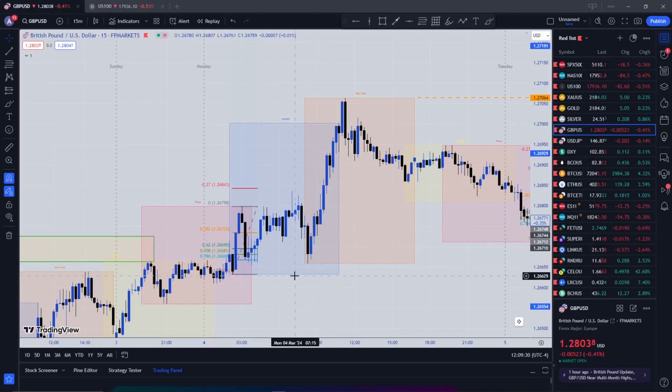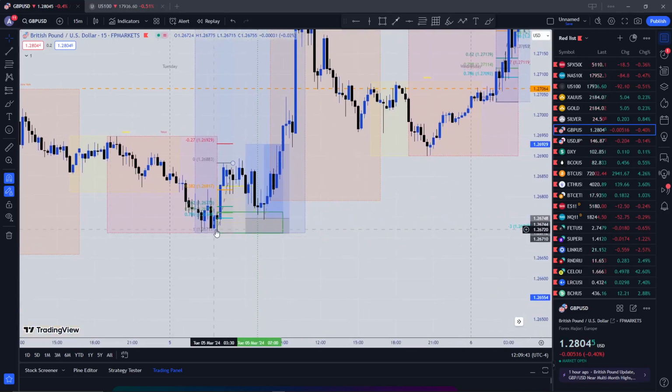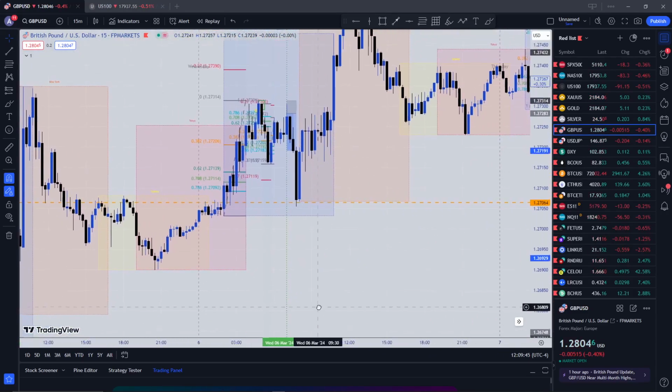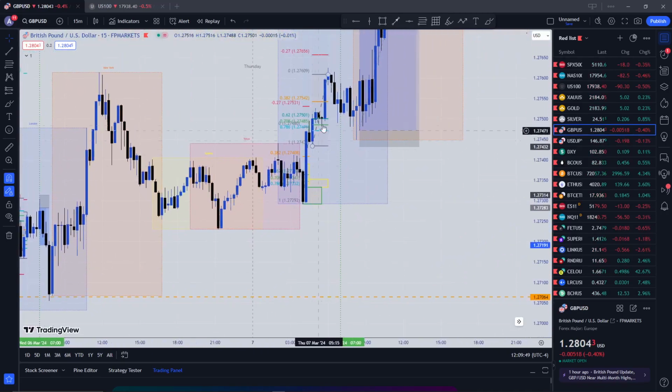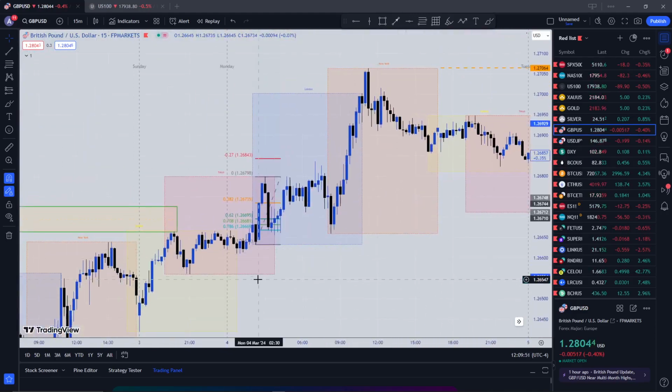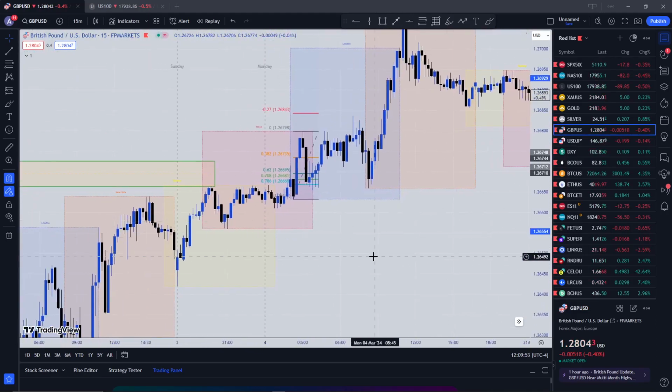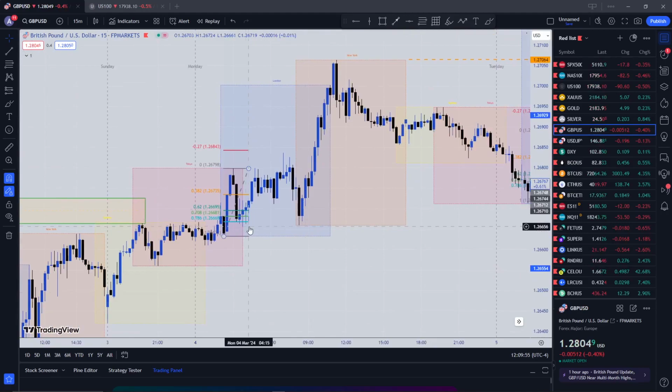On Mondays, it's more based off of Tokyo, or Asian session, price action than it is on London. Because every other day, as you can see, we really only care about London price action. And I should actually remove these, but yeah. Anyway, case in point.